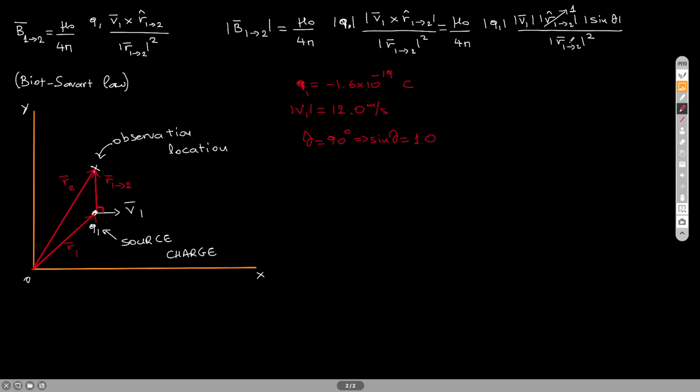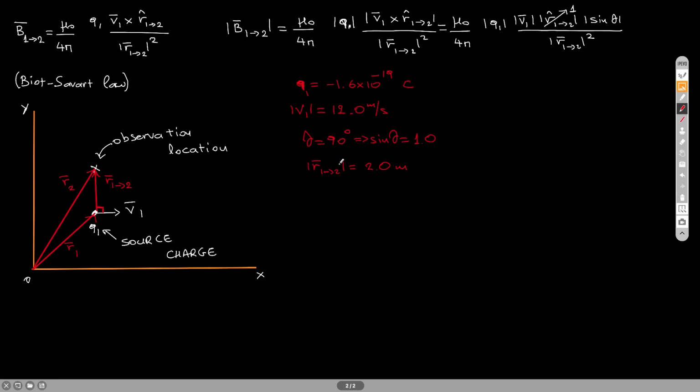What else do I need? I need the magnitude, and let's say that the distance between those two, let's make that to be 2 meters. Now, in this example, I'm giving you what the distance is.